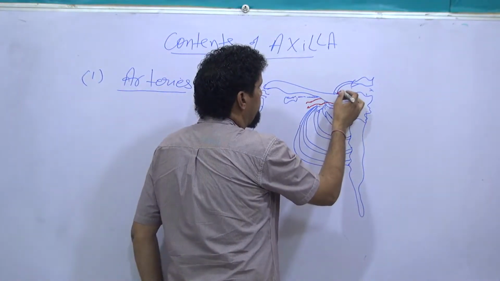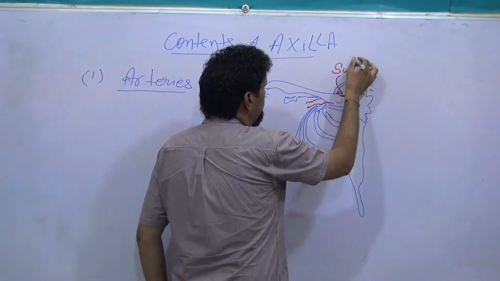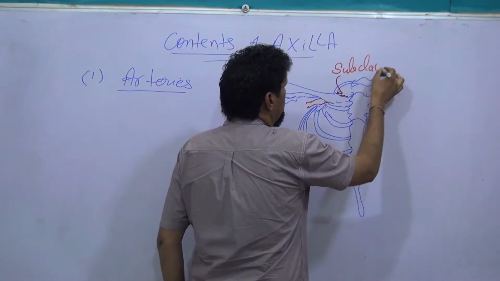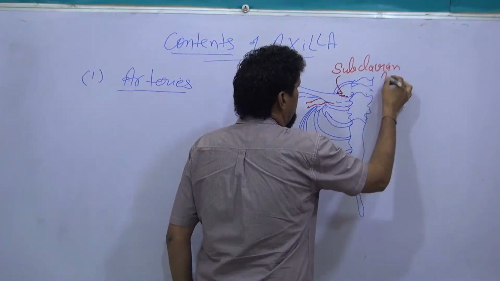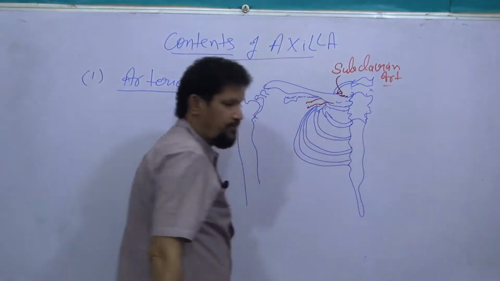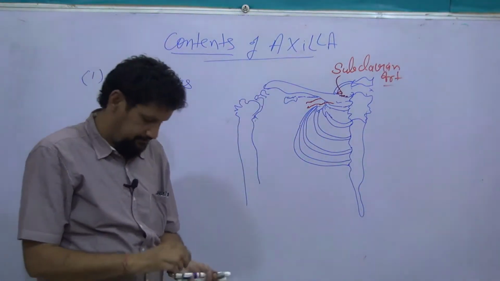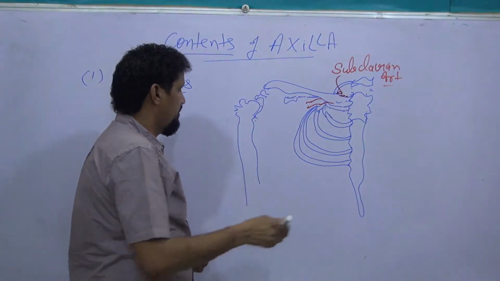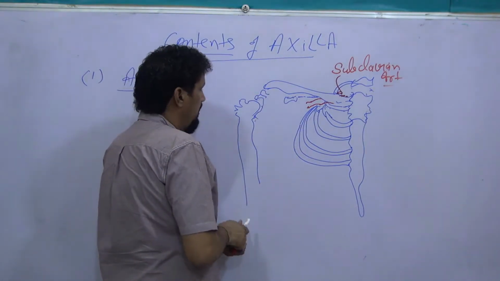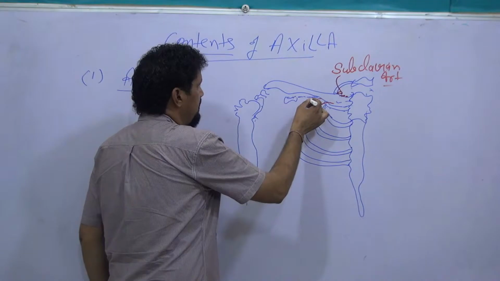So here the artery is subclavian artery. But the name of the artery is changed here, and here it is this axillary artery.